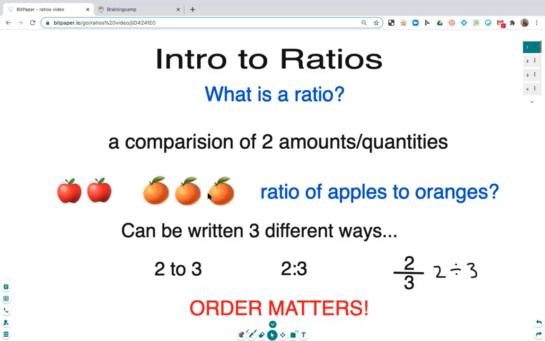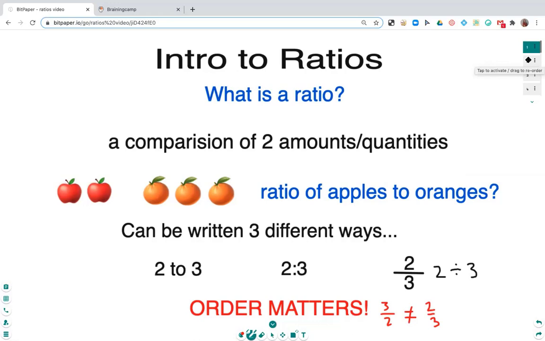That would now make it a ratio of 3 to 2. And if you think about it in terms of the fraction, the fraction 3 over 2 is not equivalent to the fraction 2/3. So we do need to follow the order that the ratio is stated in.